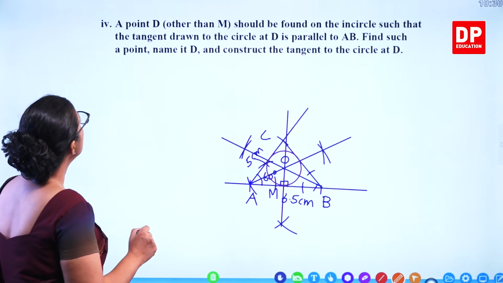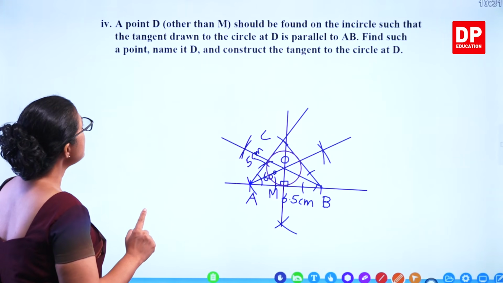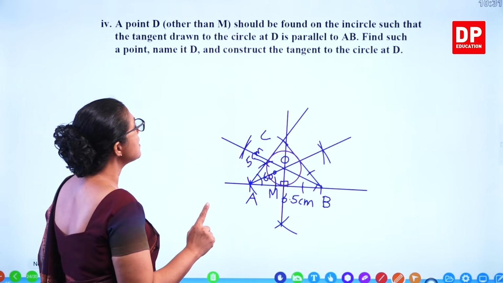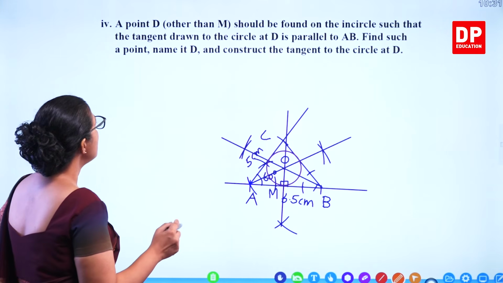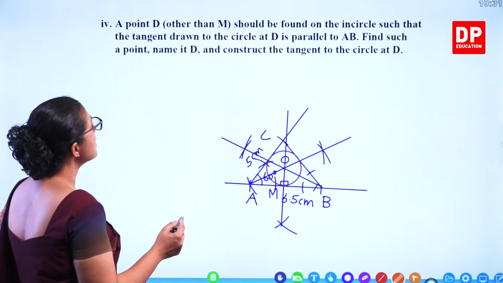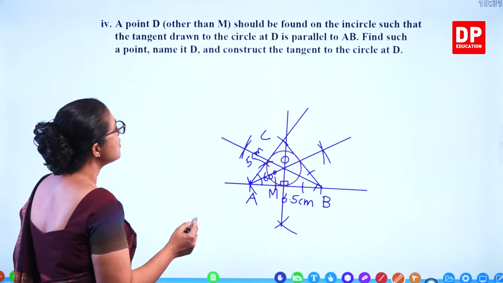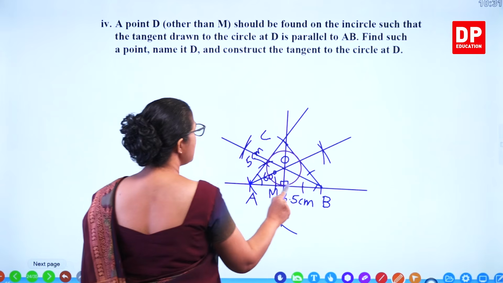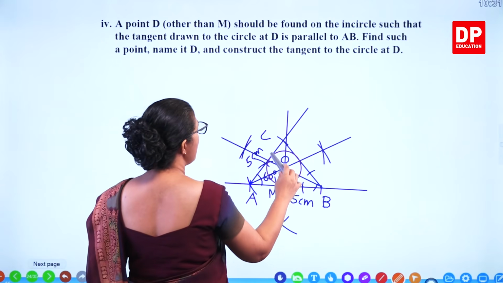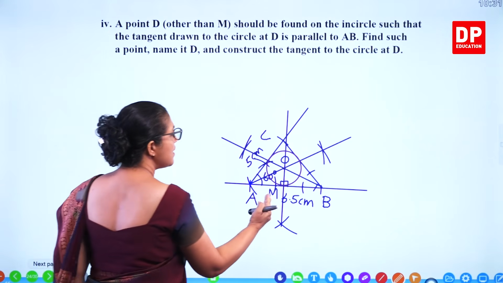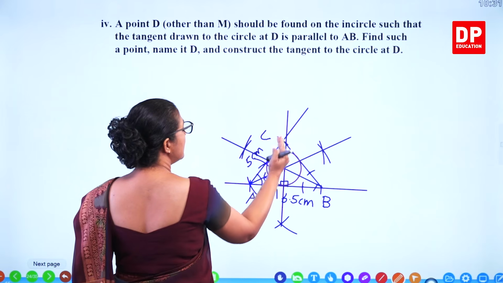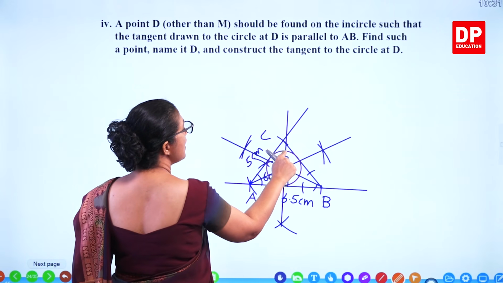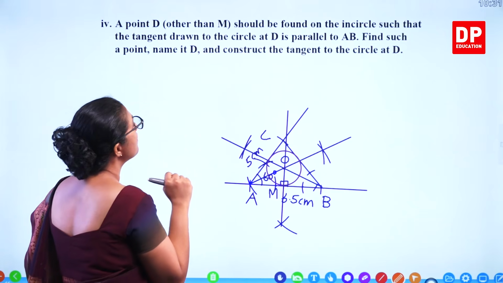Now we'll do the 4th part. A point D other than M should be found on the incircle such that the tangent drawn to the circle at D is parallel to AB. So this is parallel to AB. That means along this line, this should be the D point.